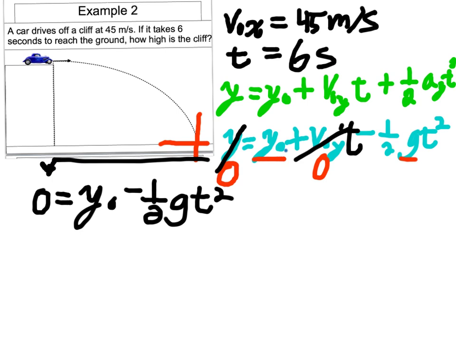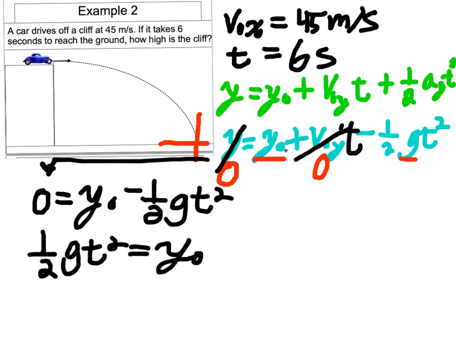So now I'm down to this equation, 0 equals y0 minus 1/2 gt squared. Now I'm going to rearrange that equation slightly, bring the negative 1/2 gt squared over to the other side. It will become positive because you have to add it to get rid of it. 1/2 gt squared equals y0. And look, the equation's done. I was trying to find y0, and I have the equation ready for that.